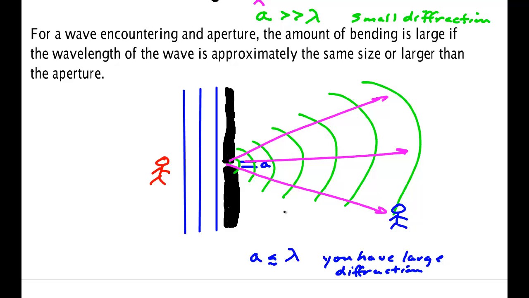Now Isaac Newton thought that light was a particle because he didn't think it diffracted. He didn't realize that it had such a small wavelength compared to things like windows and doors and various other apertures that you run into. This covers everything about diffraction.